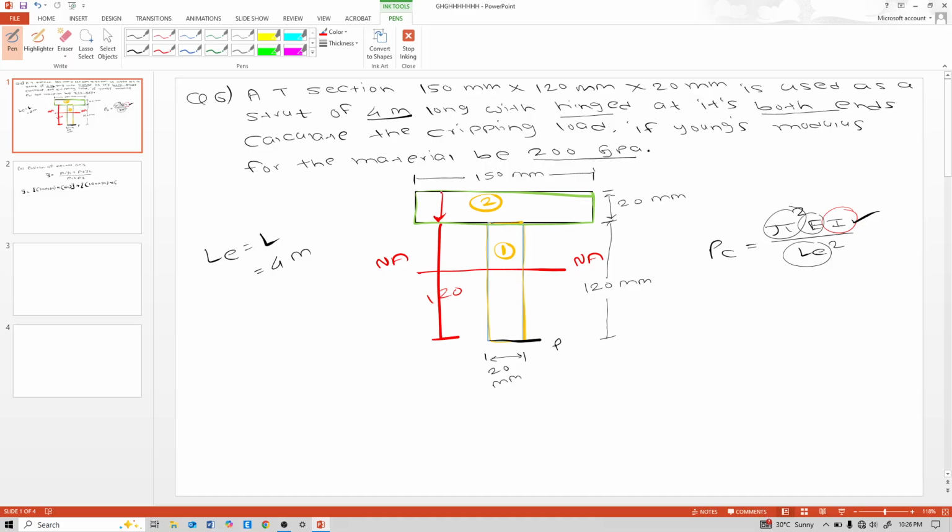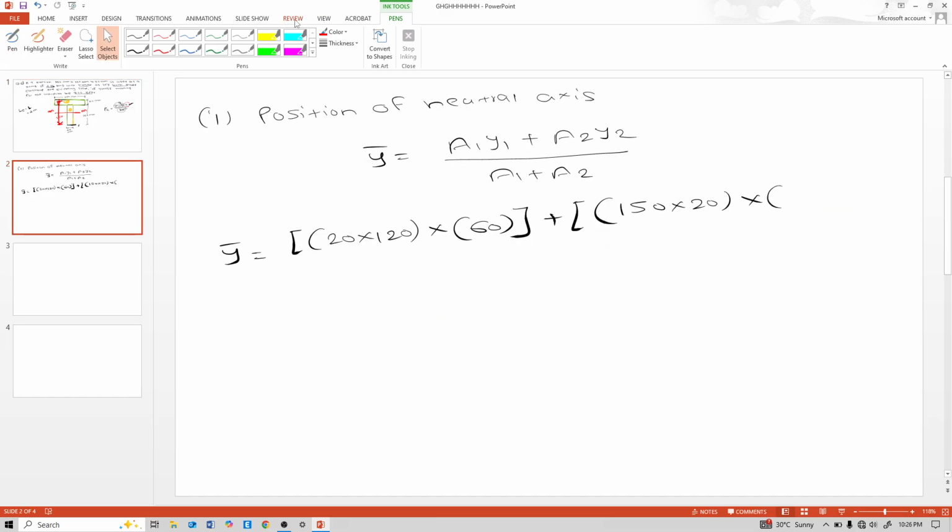Up to here is 20 by 2. This is y2. So 120 plus 20 by 2, that means 130. Again a1 plus a2 in the denominator.